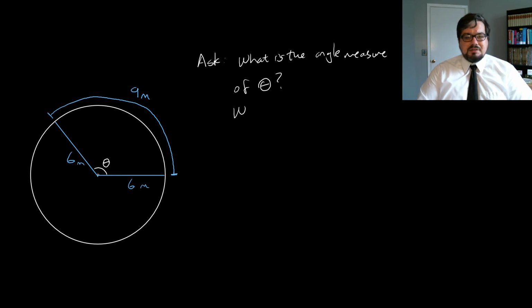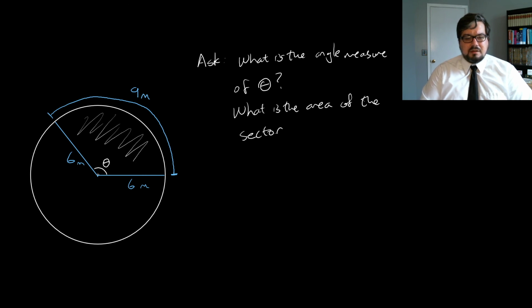And we could ask, what is the area of the sector that we've defined using these 2 radii of the circle? So let's look at how we would answer each of these. And we're going to answer the first question first, and that'll help us answer the second.